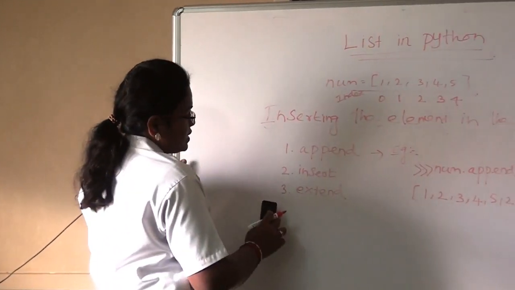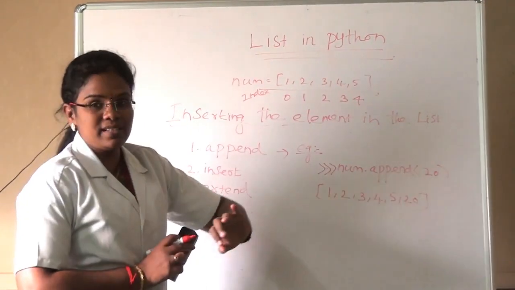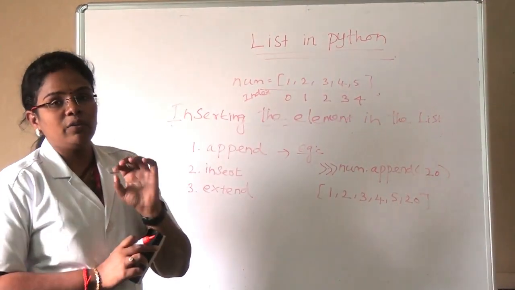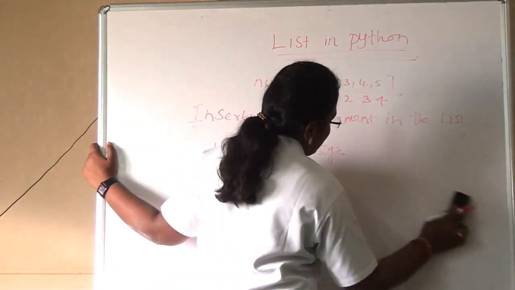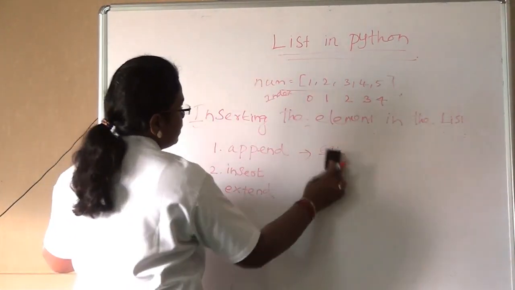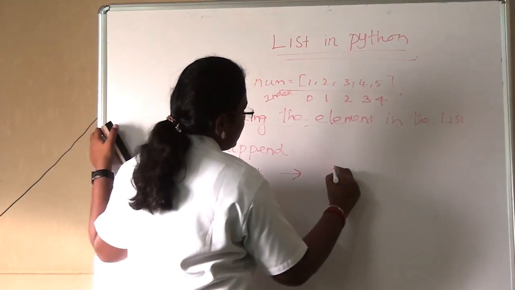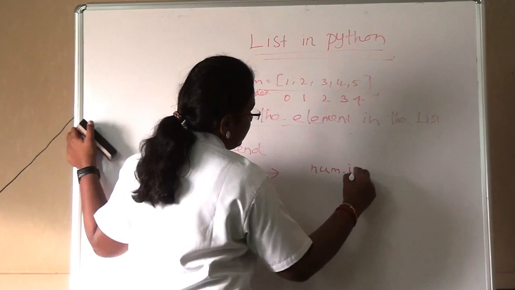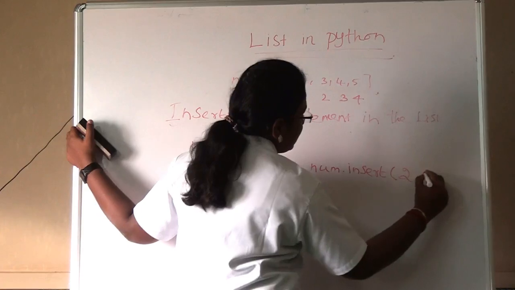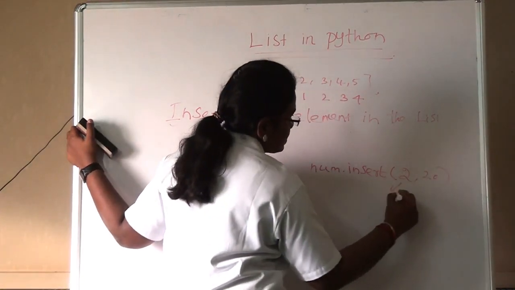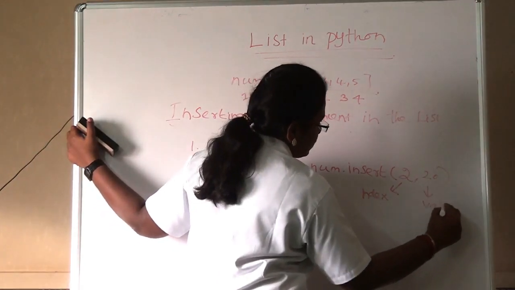Then the second one is insert, at the middle position. Appending will insert the element at the last position. If I want to insert the element at the middle position, I can specify by using the insert method. For example, num dot insert of index, comma, the corresponding value. This is index and this is the value.